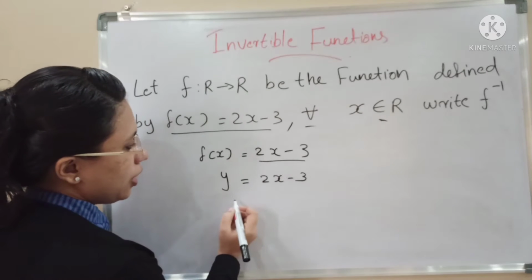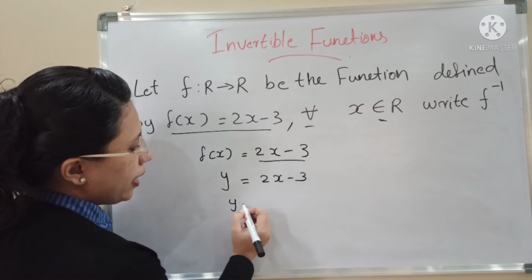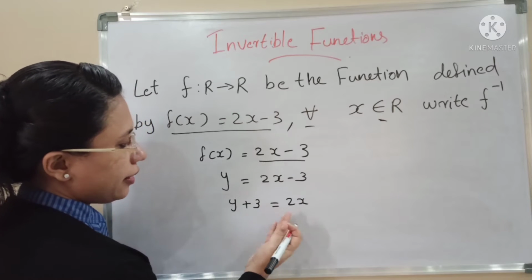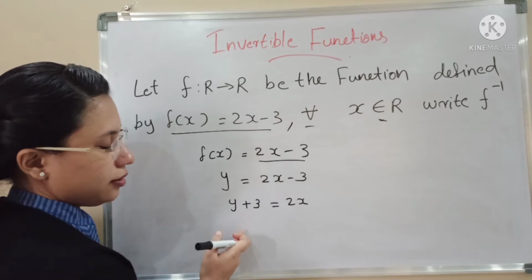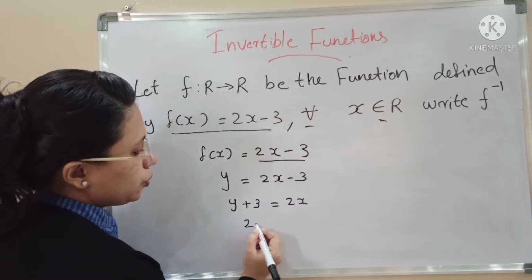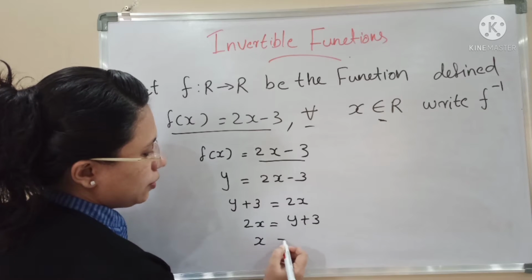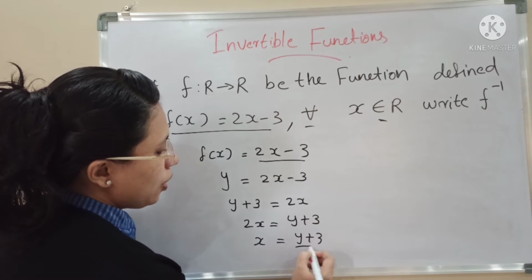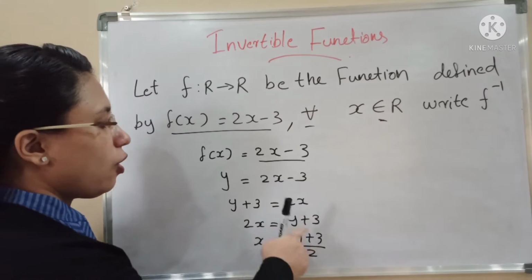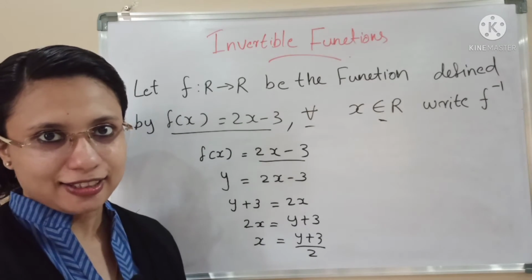So it will be y plus 3 equals 2x. I can write this 2x here and y plus 3 there, both are same. So 2x equals y plus 3, x equals y plus 3 over 2. So what we got? The whole function, now it is in terms of y, right?